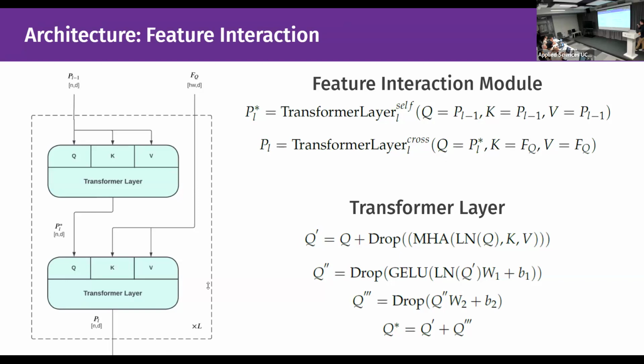Self-attention is employed on the object prototypes, allowing us to utilize the interrelationships between them. And cross-attention is utilized to provide the interaction between the prototypes and the query image features. Here, the image features act both as key and value in the attention mechanism, while prototypes act as query.